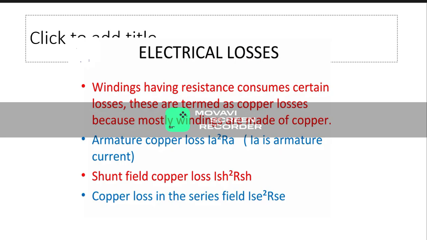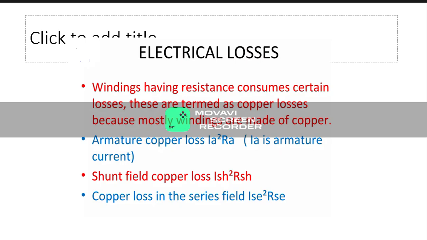This copper loss occurs in the armature winding as well as in the series field windings. Ia square Ra is the armature copper loss, where Ia is the armature current and Ra is the armature resistance. Shunt field copper loss is the copper loss across the shunt field resistance Rsh, which is Ish square Rsh, where Ish is the shunt field current.